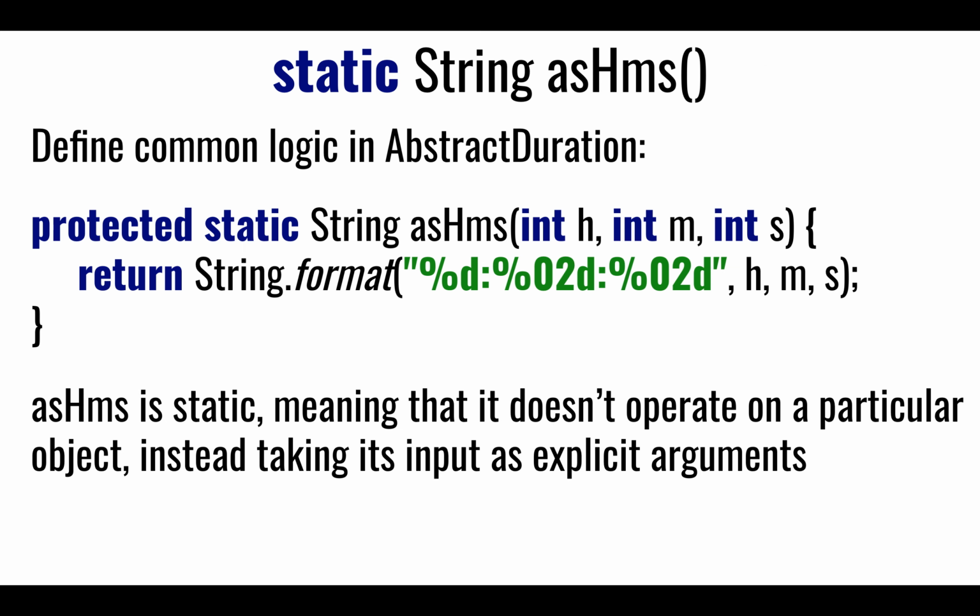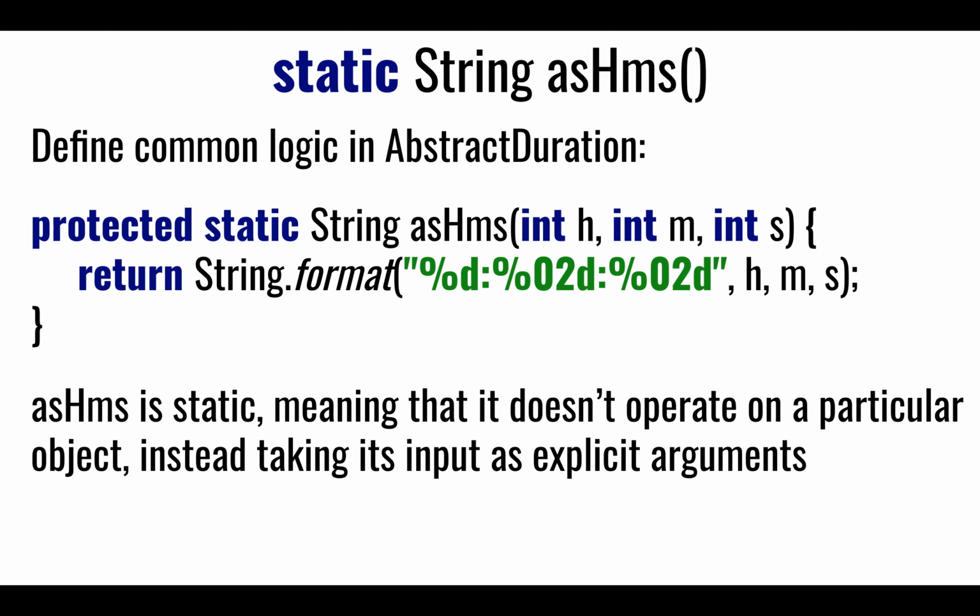All right, so let's take a look at this. One of the things that we could do is create a helper method in a central place. Perhaps move it over to the abstract class and provide an implementation that is static, that you pass the values, hours, minutes, and seconds, and it can generate the format for you.